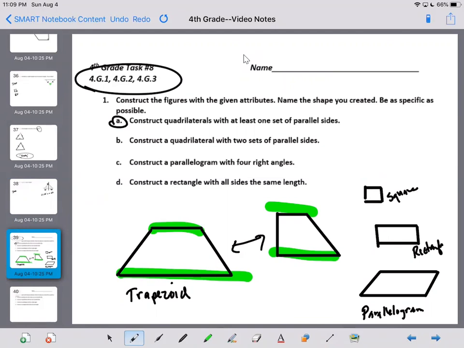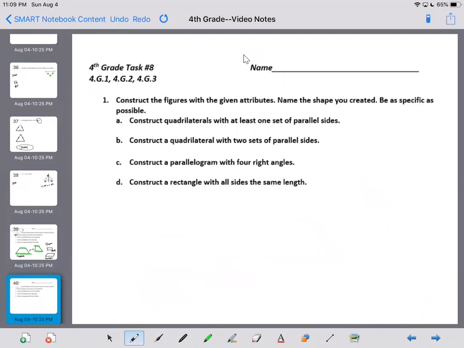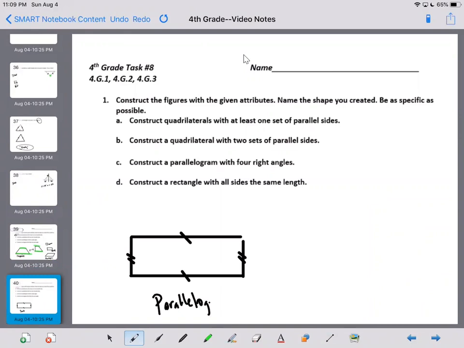Part B, let's construct a quadrilateral with 2 sets of parallel sides. And 2 sets of parallel sides can be the parallelogram. So you see the 2 sets of parallel sides, so the umbrella term would be parallelogram, which has the rhombus and the square and the rectangle.